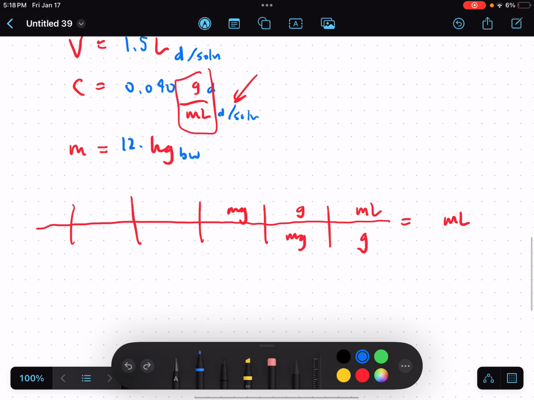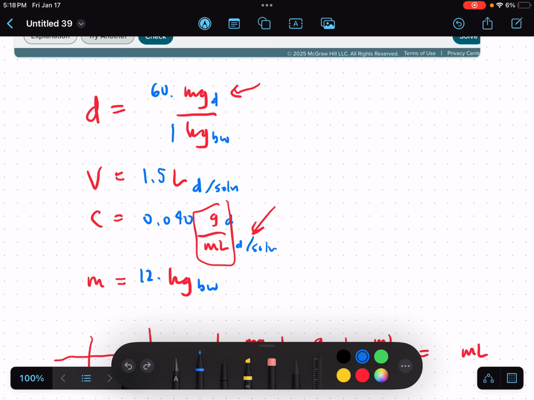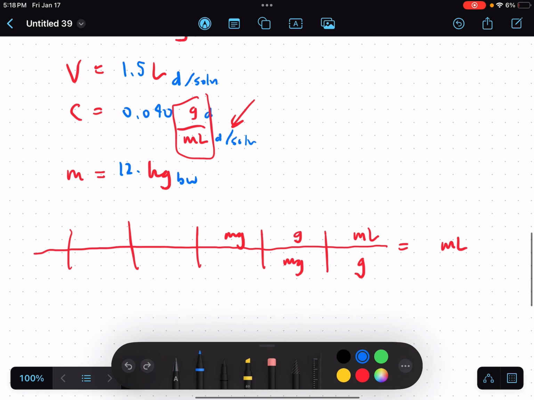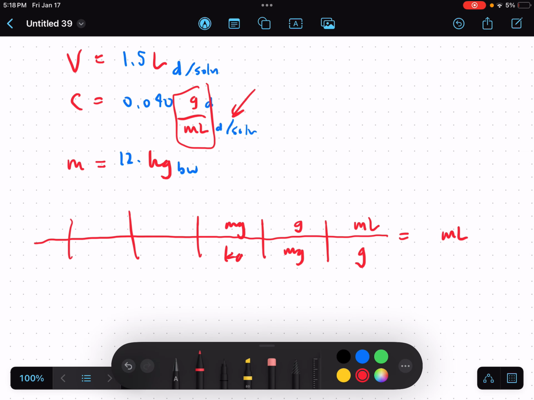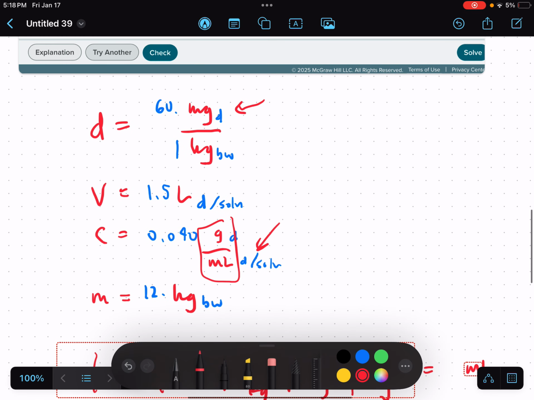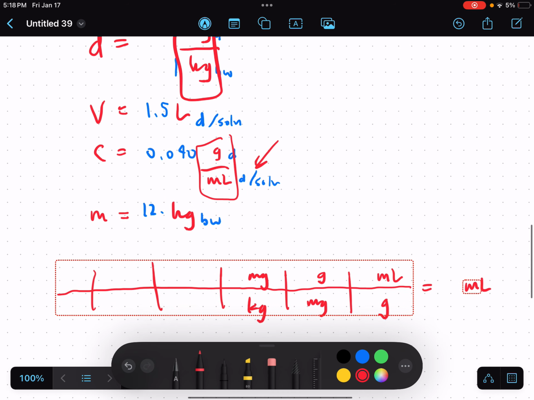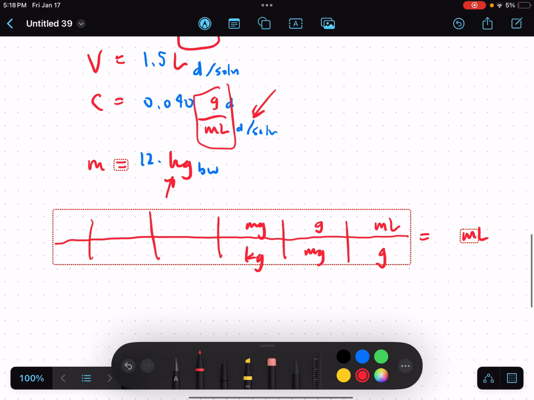There it is right there. Okay? So what's milligrams related to? Milligrams is related to kilogram. Okay? This is a beast. Kilograms. So those are kilograms, and look at that. I have kilograms. That's got to cross off too, right?